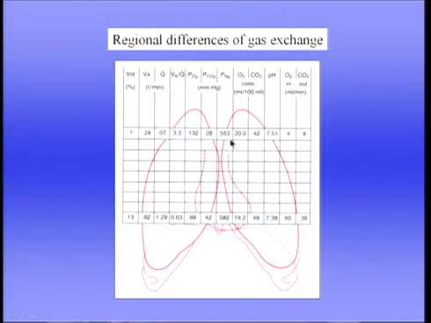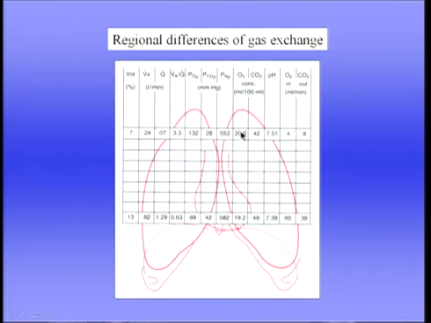Big differences. There are differences in PN2, which we don't need to go into, but they're basically by default. All the partial pressures have to add up to 760 minus 47, the total dry gas pressure in the alveolar gas. So that's why the PN2 changes.